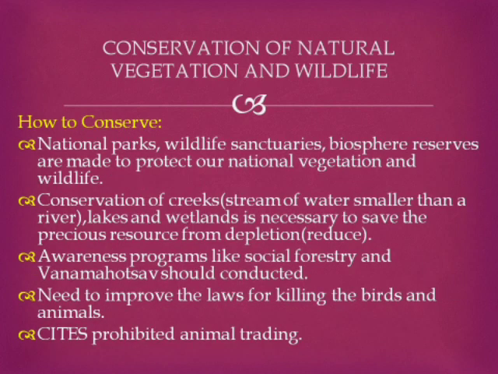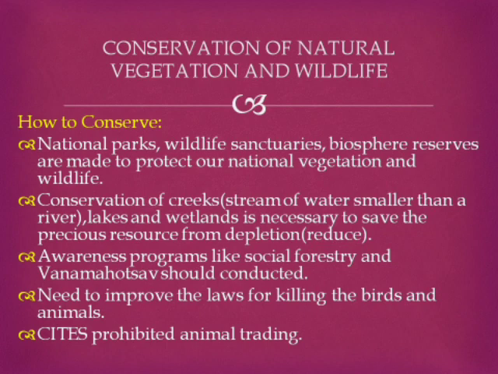How to conserve this natural vegetation and wildlife? National parks, wildlife sanctuaries, biosphere reserves are made to protect our natural vegetation and wildlife. Conservation of creeks. Creeks means streams of water smaller than a river. Lakes and wetlands are necessary to save the precious resources from depletion.